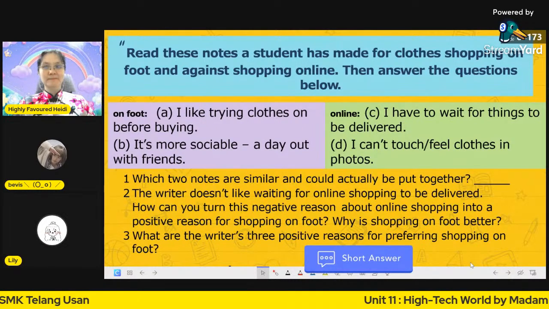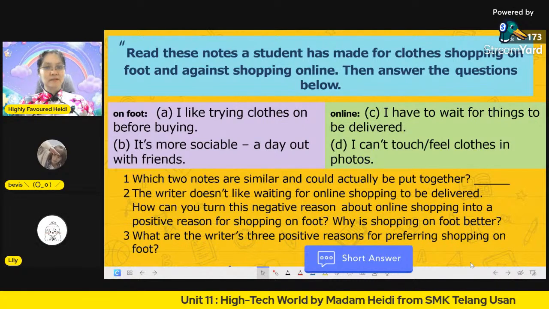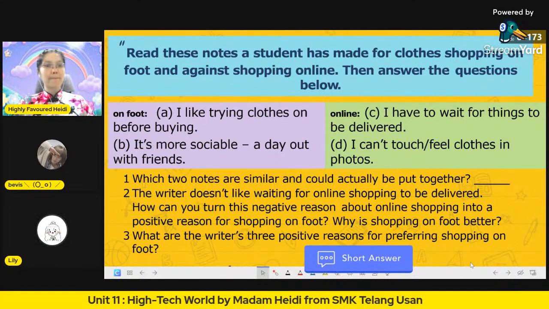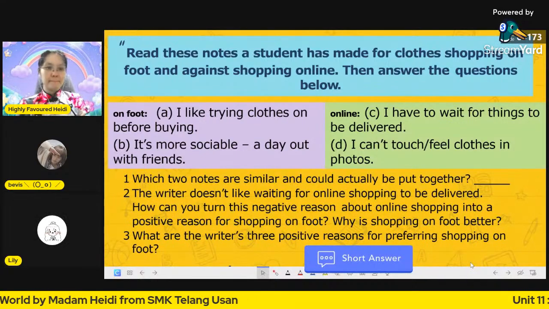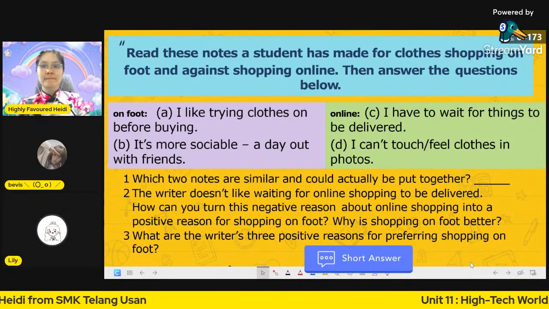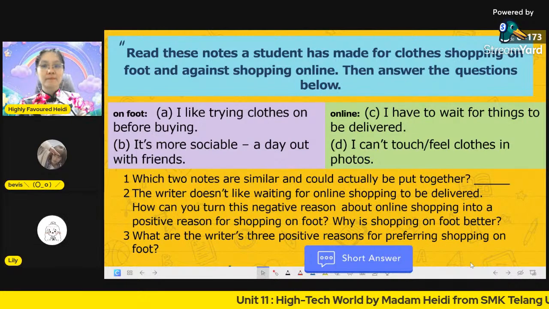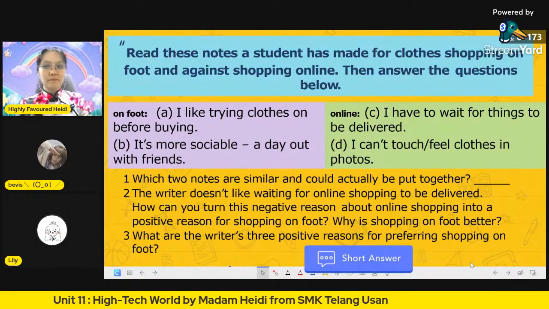Then answer the question below. On foot, A: I like trying clothes on before buying. B: It's more sociable, a day out with friends. Online, C: I have to wait for things to be delivered. D: I can't touch or feel clothes in a photo.